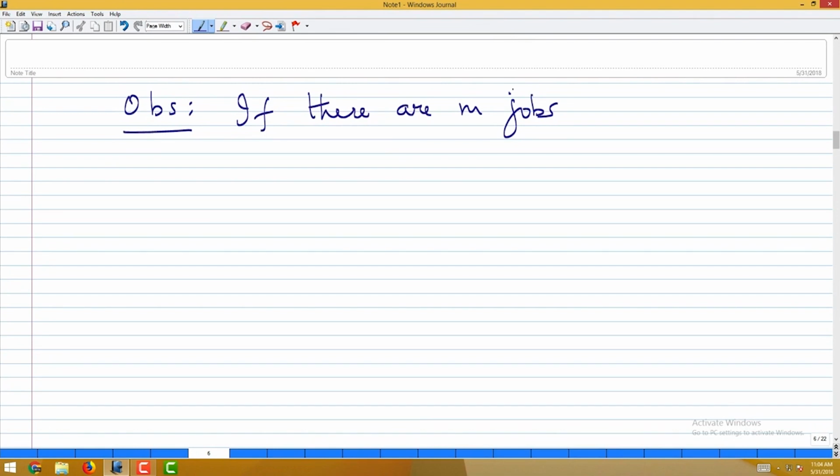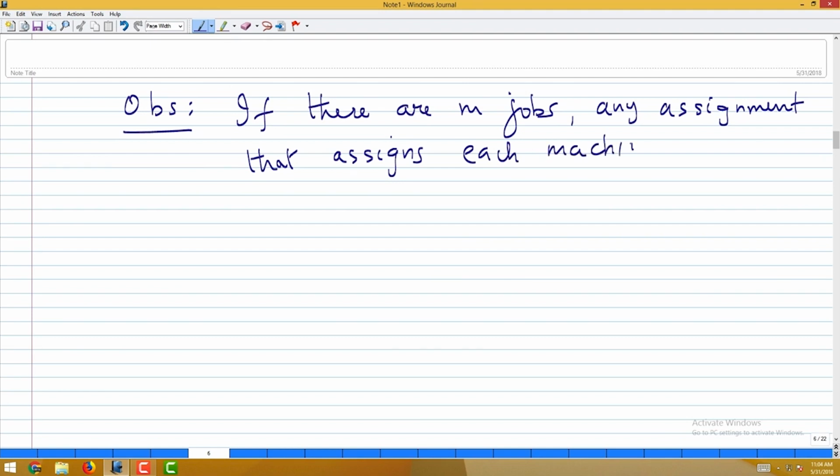We already argued optimum must be at least that. You won't stupidly assign 2 jobs to one machine when somebody is free. Any assignment that assigns each machine one job is optimum. So, the approximation issue comes in only if there are strictly more than m jobs.